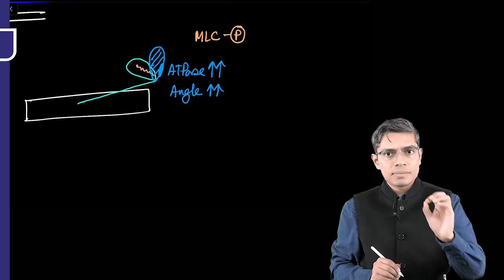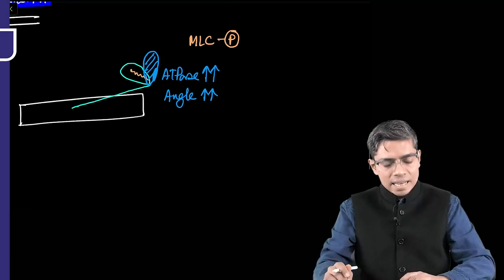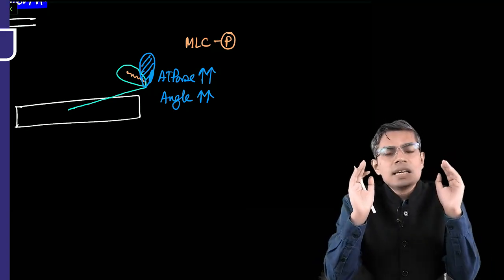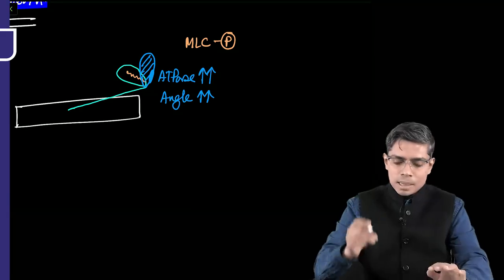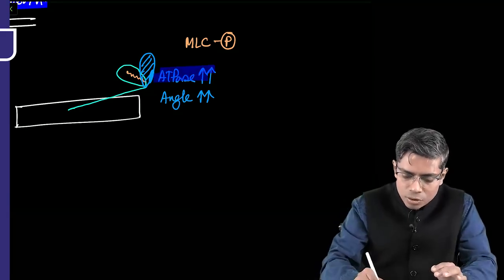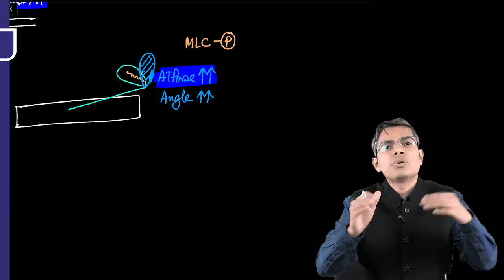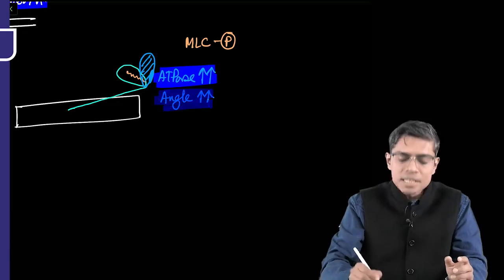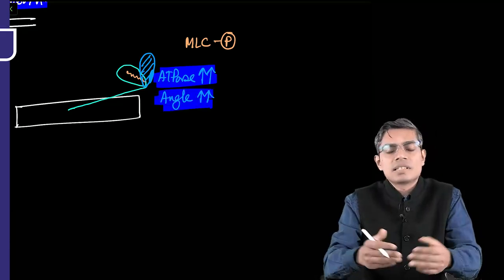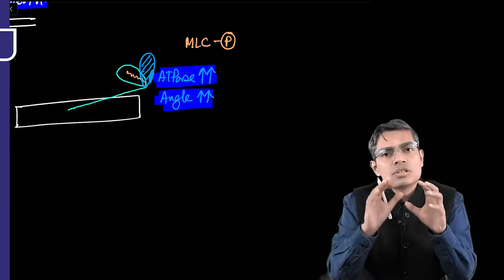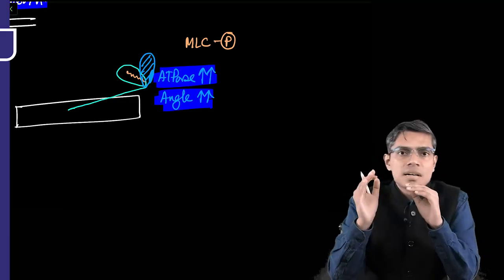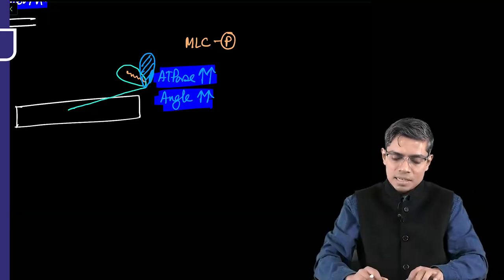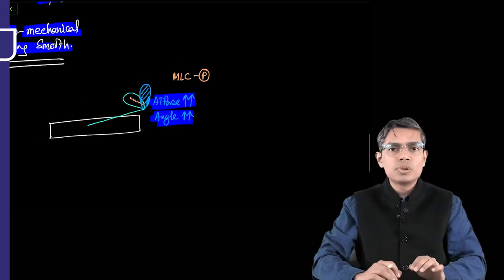In skeletal muscle and cardiac muscle, myosin ATPase activity is constitutively high. That's why you don't have to increase the activity of the myosin ATPase. And this angle is already high in skeletal muscle and cardiac muscle. So that's why these two are not required there, and that's why we have not discussed myosin light chain phosphorylation there. But in smooth muscle, we have to do these two things.